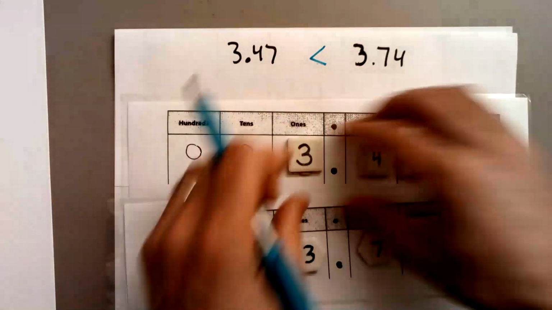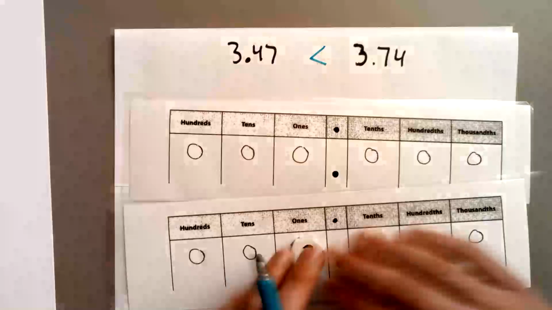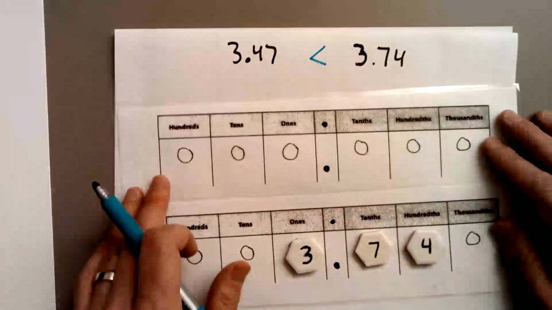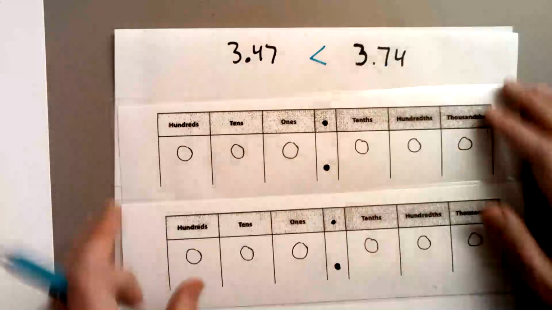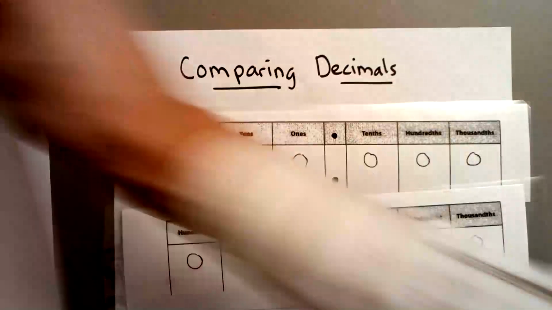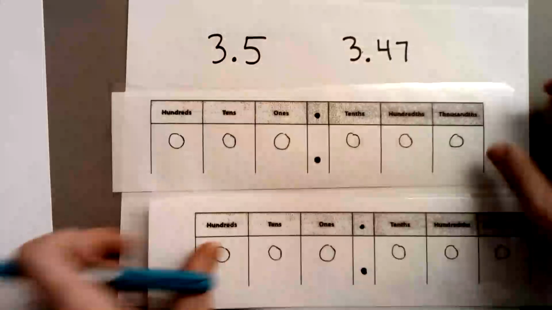So I like to say that there's really no excuse for not comparing a decimal number correctly as long as you take this stacking method. So let's do a few more, and then I'm going to move on to another video, because comparing decimals, you can do it pretty quickly by just stacking these numbers.